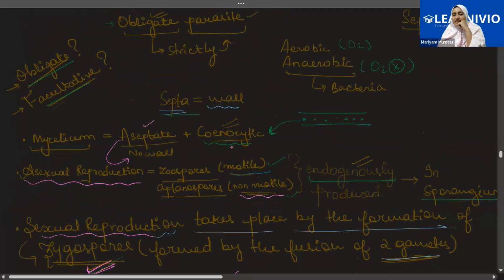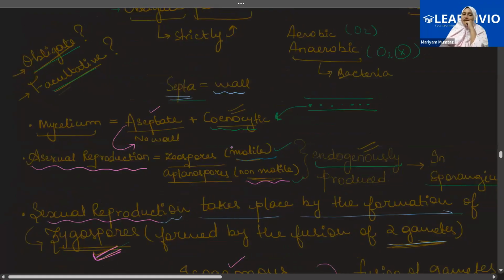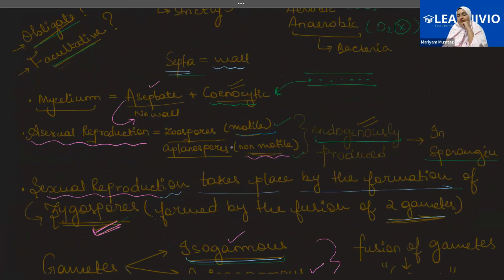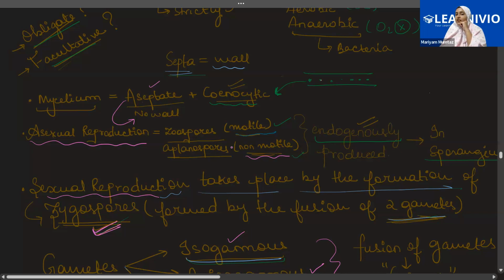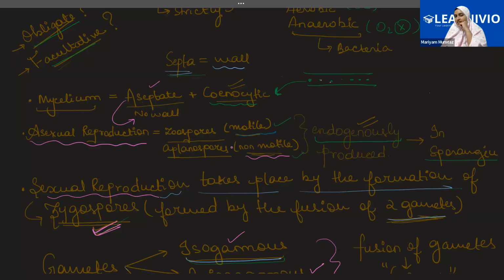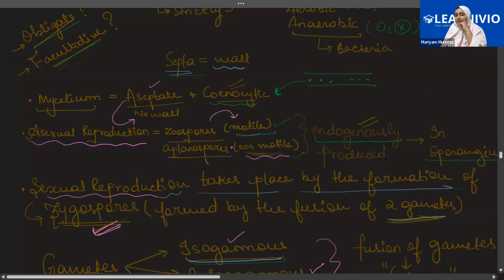Now, they have aseptate mycelium, meaning the mycelium that does not have any walls present, and cenocytic. Cenocytic is the condition wherein multiple nuclei are present. Asexual reproduction takes place by zoospores, that is the motile spores, and the aplanospores, that is the non-motile spores.